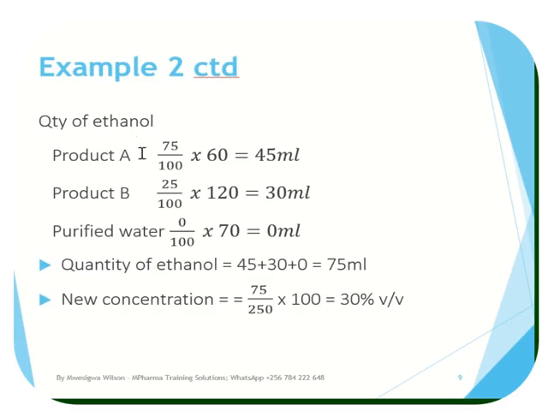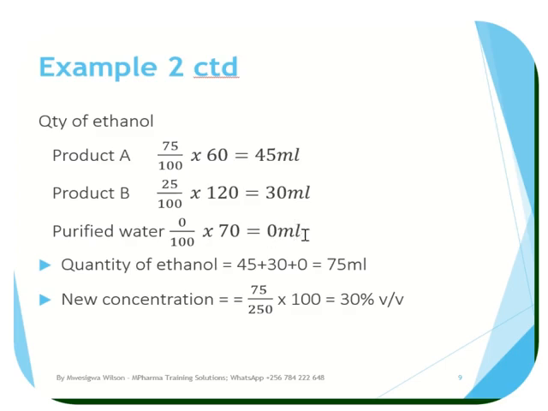So in product A, it is always important to tell us what you are calculating for, so that even you yourself, you can follow what you are calculating. It was 70% out of 100 times the volume was 60. So this is the ethanol there. Product B, it was 25 out of 100 times 120. This is the ethanol there. And also calculate for purified water. Don't forget it, which is 0 out of 100 times 70.